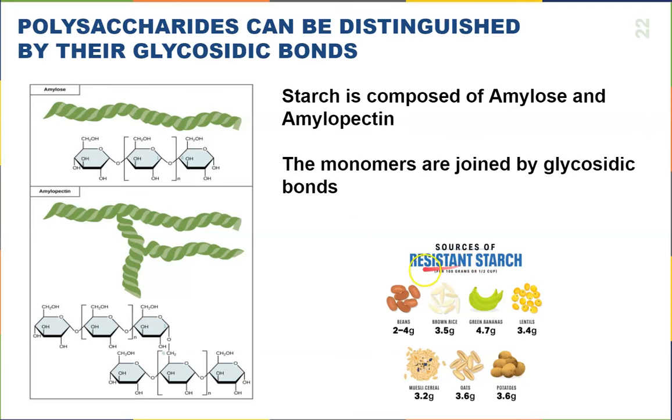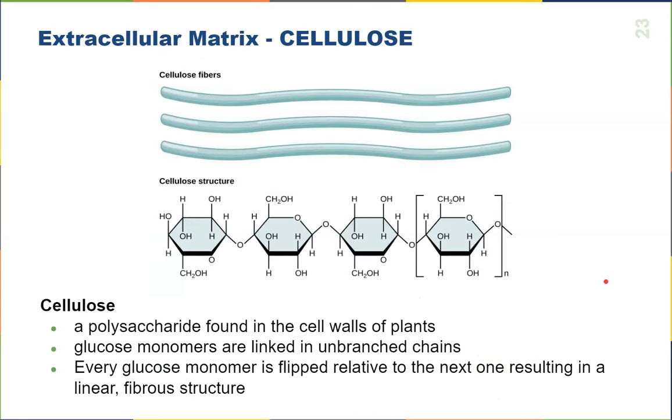These are sources of these starches, so they tend to be stored in plants, right? Cellulose is another polysaccharide made by plants, but this one is placed in the cell wall. So remember, plant cells have a cell membrane like normal, and then they also have a cell wall, which is on the exterior of that cell membrane.